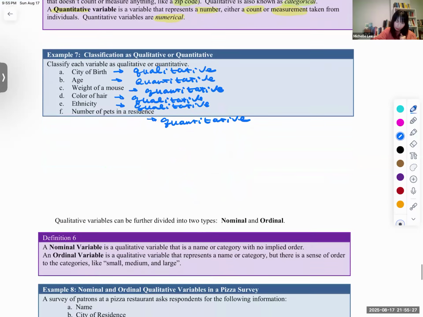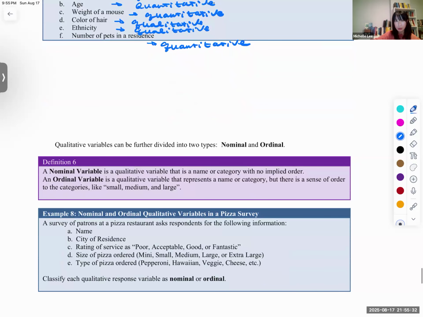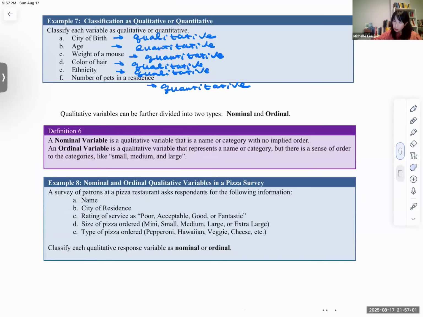All right, we have other terminology: nominal and ordinal, right? So we can split the qualitative data into nominal and ordinal. Everything in the qualitative variables can be divided into nominal and ordinal, right?